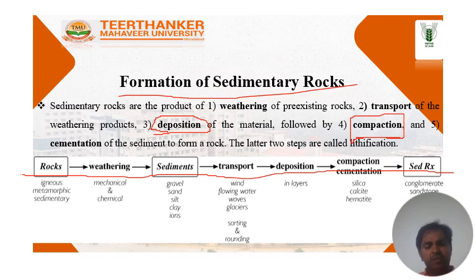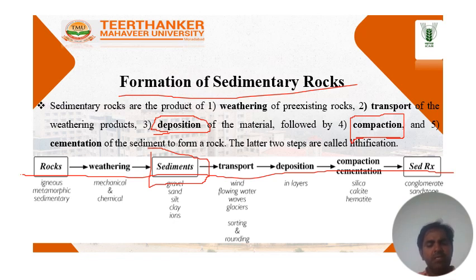So first you can see there are the different rocks, and those rocks are weathered, and after the weathering the large particle is converted to the small particle by the different physical and chemical agents, and after converting to the small particle, that particle is known as the sediment. That particle is known as sand, silt, clay, and some others.